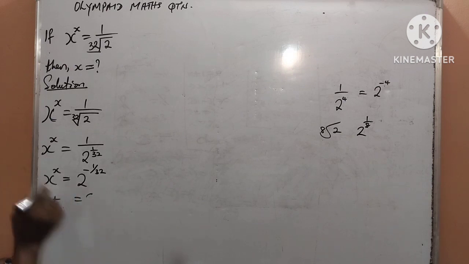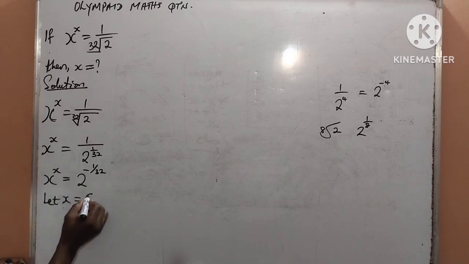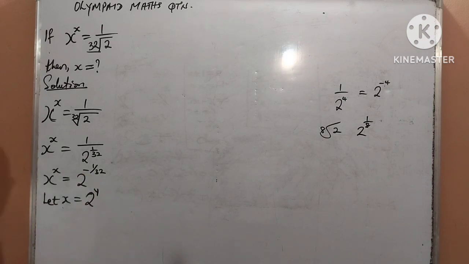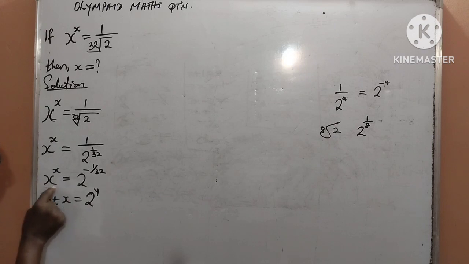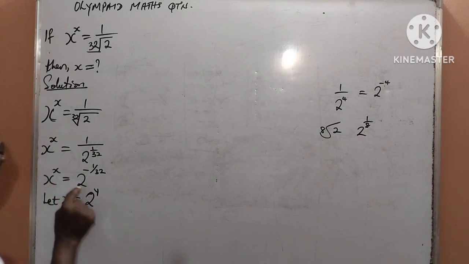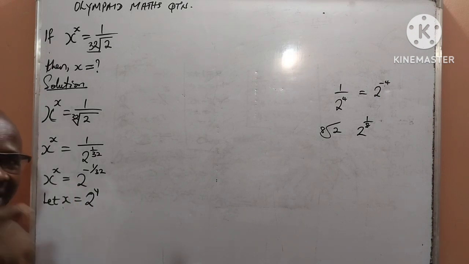Let x here be equal to 2 raised to the power y. You see why I am doing this. The reason is because I want to get a base 2 here. That way, when I have base 2 by the left and also by the right, I can now cancel out the bases to let the powers become equal.